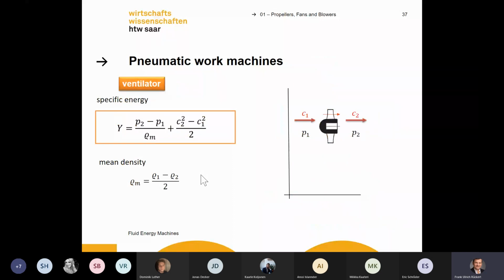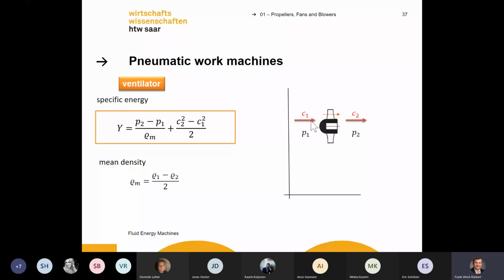Okay, this is again an important formula. It's the specific energy. I mentioned it before. This is something we always have to calculate, the specific energy for our fans or for our blowers or propellers. We have here a very simple fluid energy machine. We have an axial fan and the flow of air will come inside here.